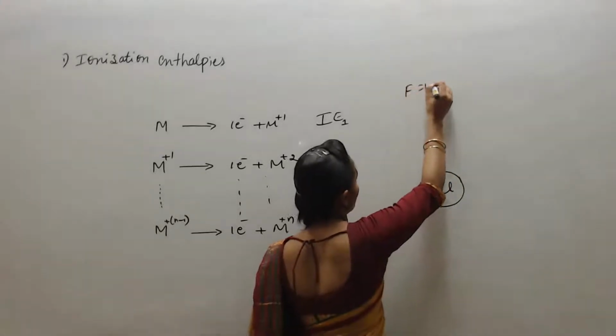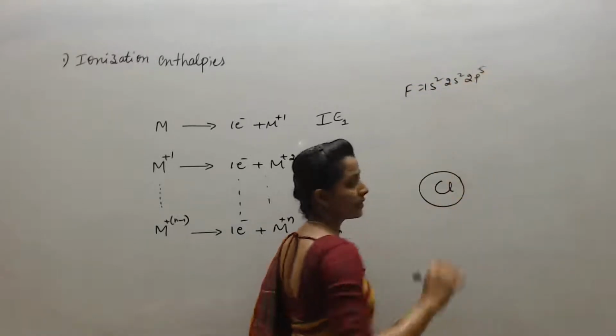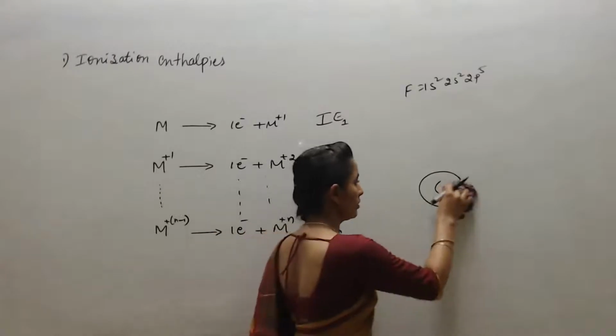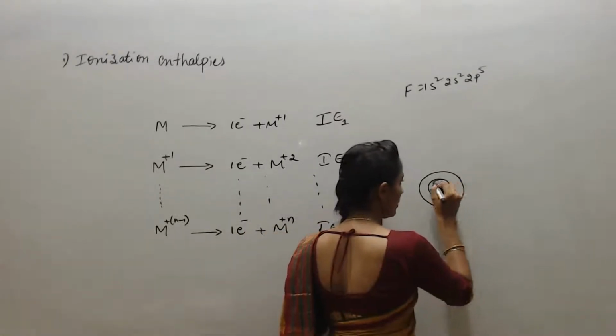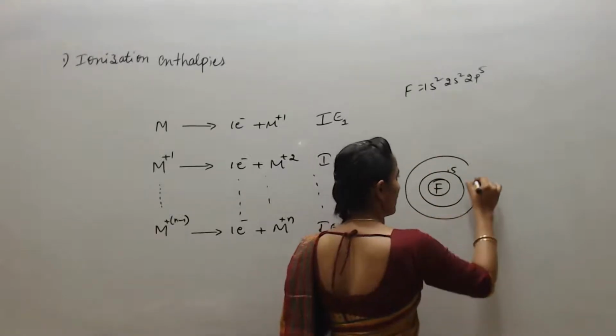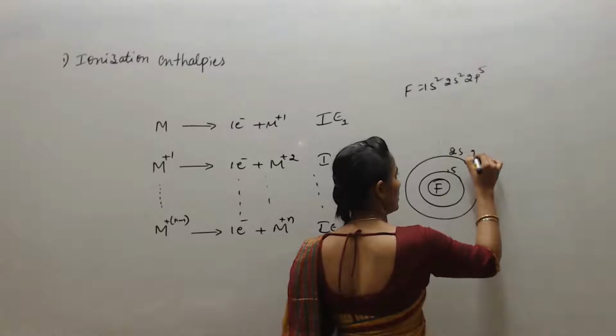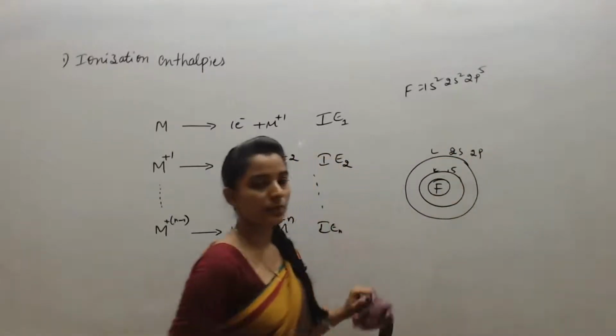Take fluorine, 1s2, 2s2, 2p5. This is the nucleus of fluorine. This is the 1s orbital. This is the 2s and 2p subshell. This is the K shell, this is the L shell.